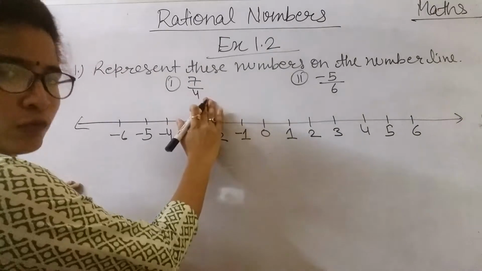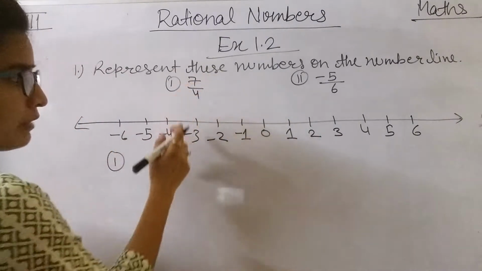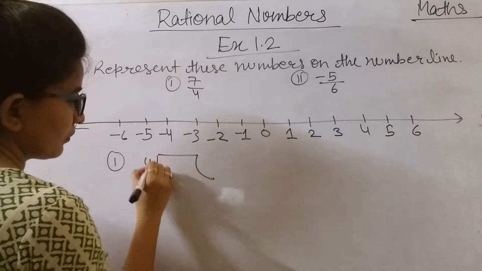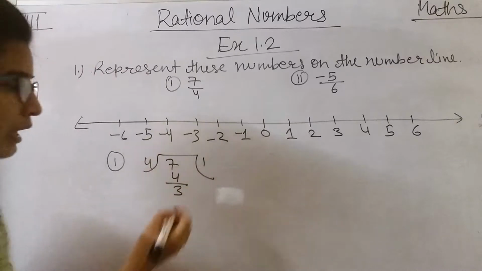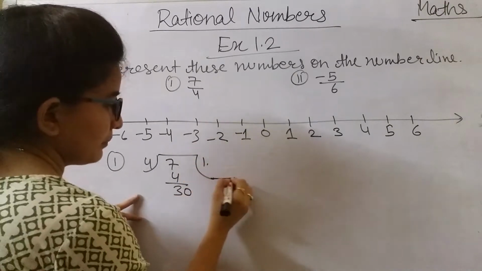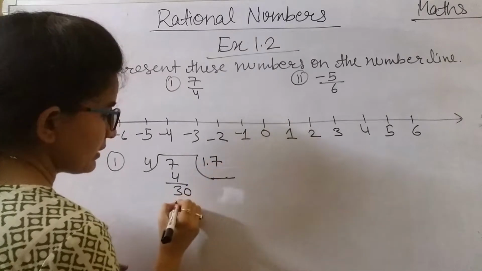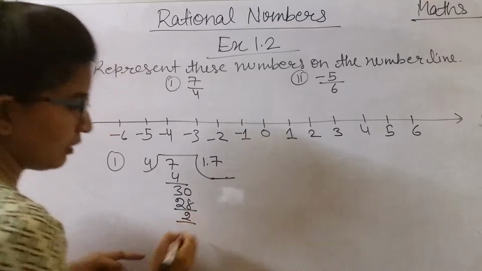Now for 7 upon 4 we can write it as, if I divide 7 by 4, 4 ones are 4, I get 3 as remainder, and I put a decimal, increase the number, now it will be 30. 4 7s are 28, I get 2 as a remainder.